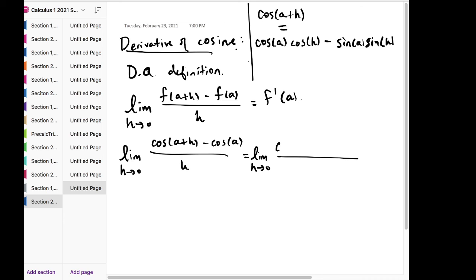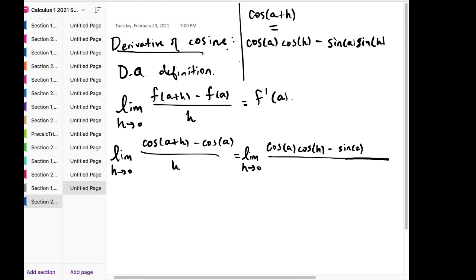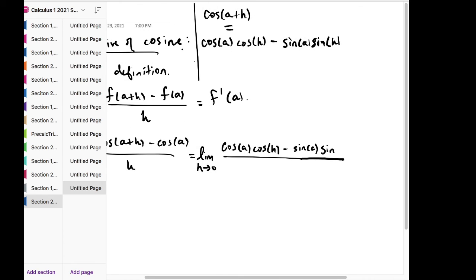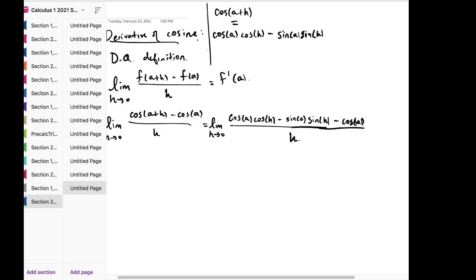So cosine of a, cosine of h, minus sine of a, sine of h, and then minus cosine of a. This is all over h. Okay. What should I do here? I probably want to group things together and probably group some nice limits together. Can someone tell me a nice limit I might want to group alone?